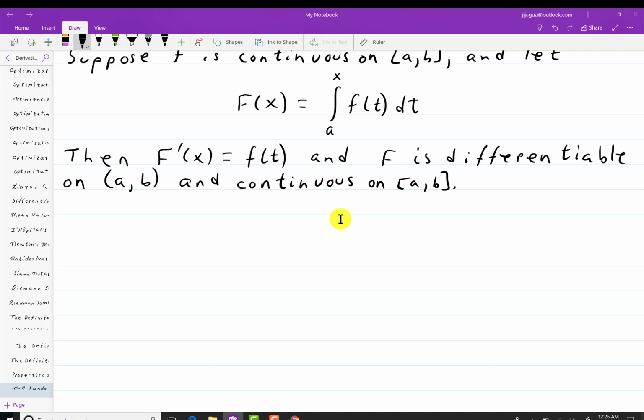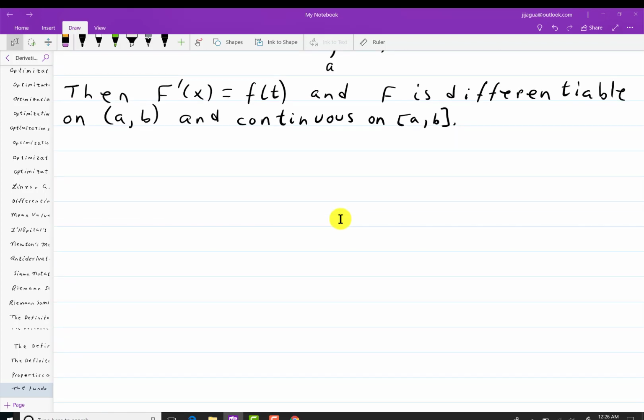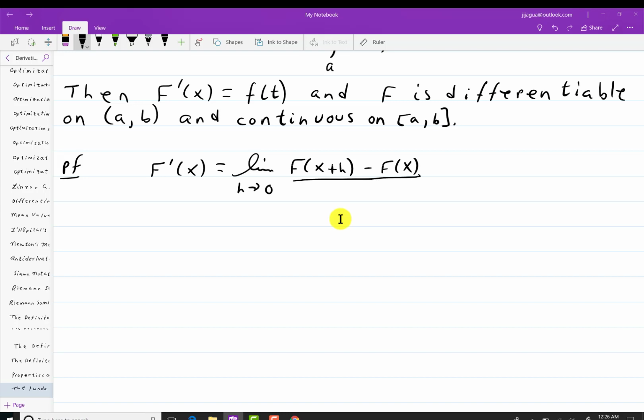What we're going to do for the proof of this is I am going to recall the definition of the derivative, the limit definition. If you remember, capital F prime of x equals the limit as h goes to 0 of capital F of x plus h minus F of x all over h.